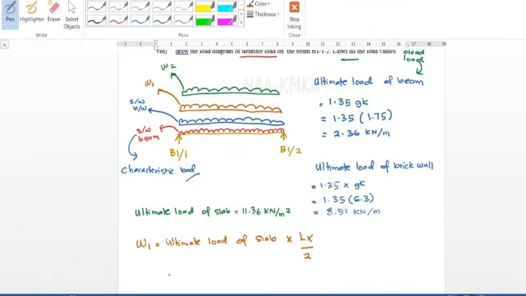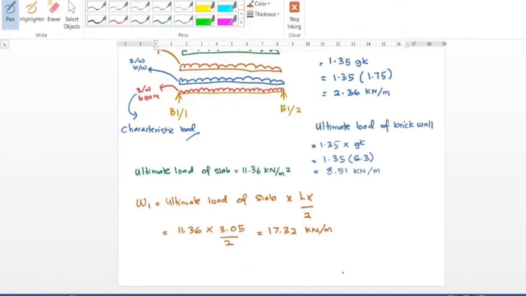The ultimate load of slab is 11.36, times Lx for W1 in meters, 3.05 divided by 2. So W1 is 17.32 kN/m.